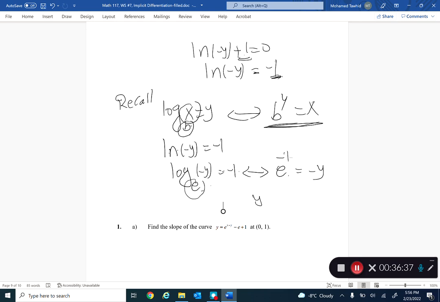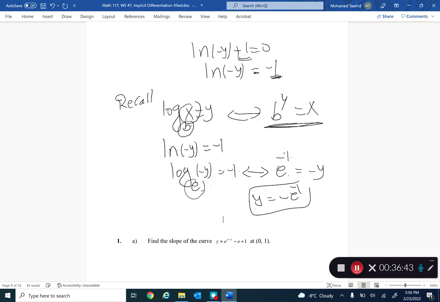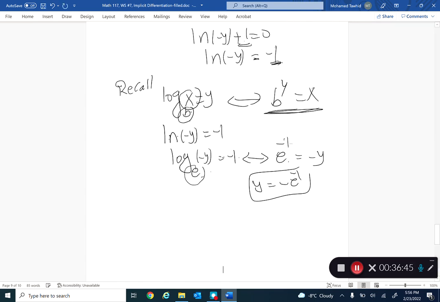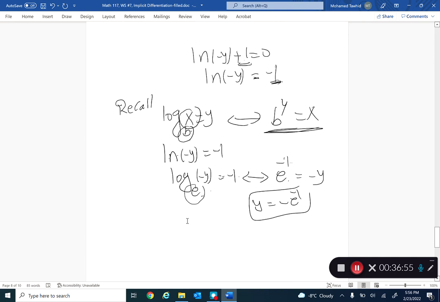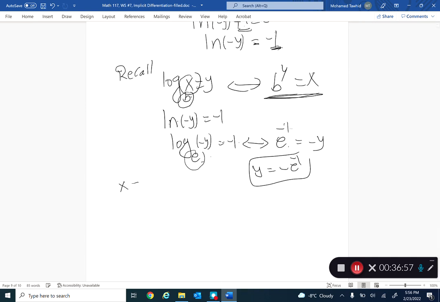Your y here is negative e to the power negative 1. So when x equals 0, your y equals minus e to the power negative 1.